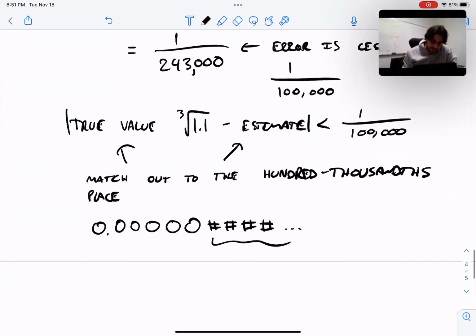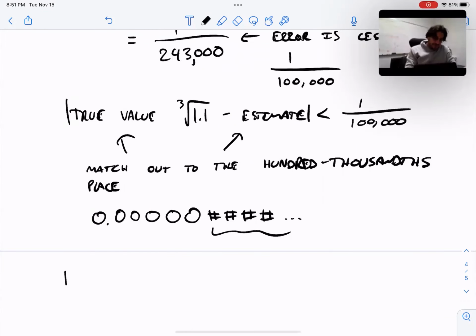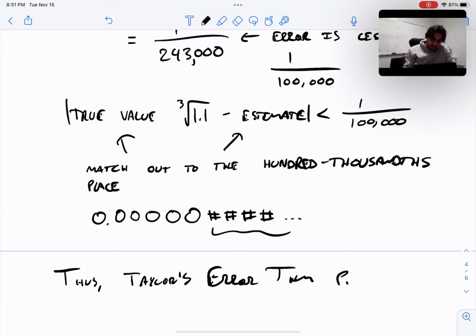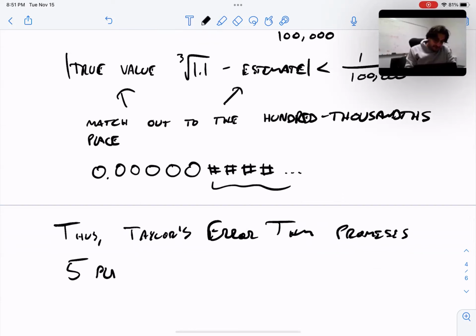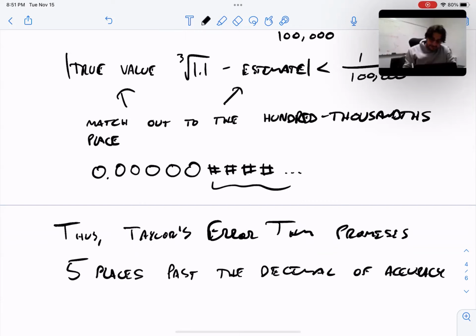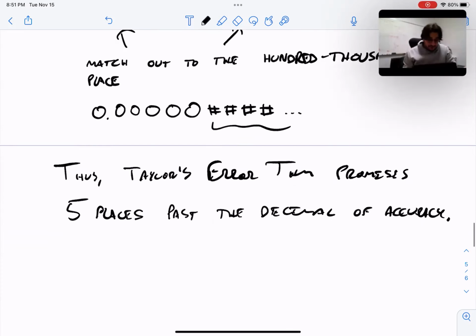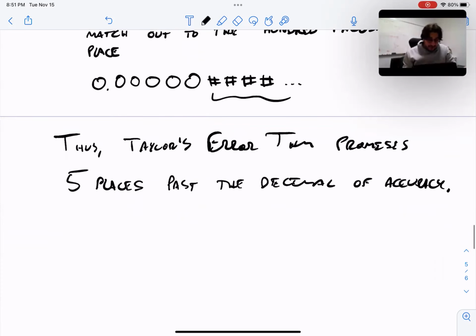It argues that because we got 1 over 100,000, Taylor's error theorem promises five places past the decimal of accuracy in this estimation, right? And if you look at it, this is pretty cool. It totally worked, right? So you do cube root of 1.1.